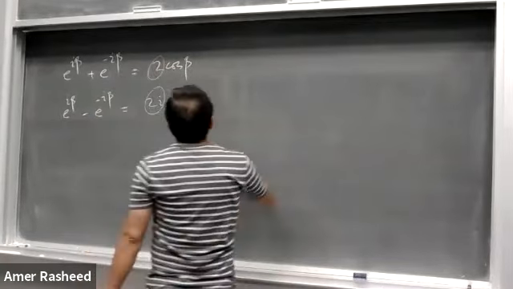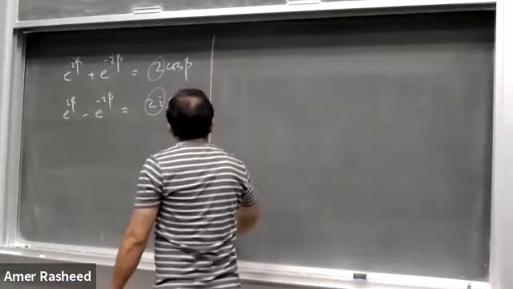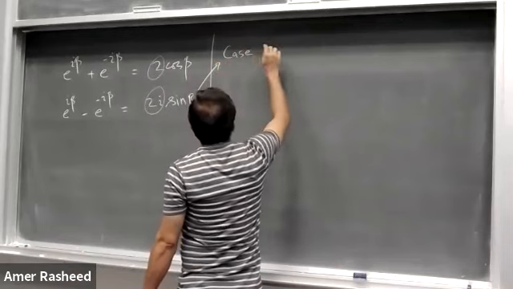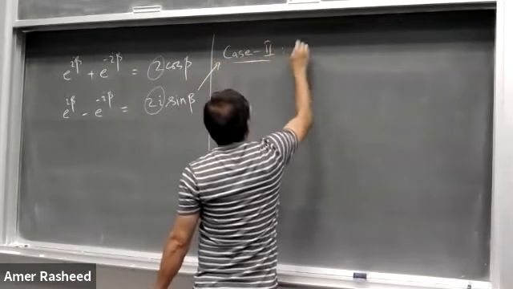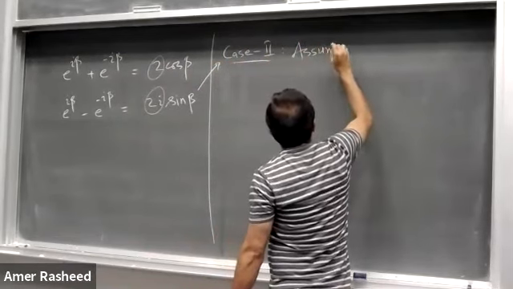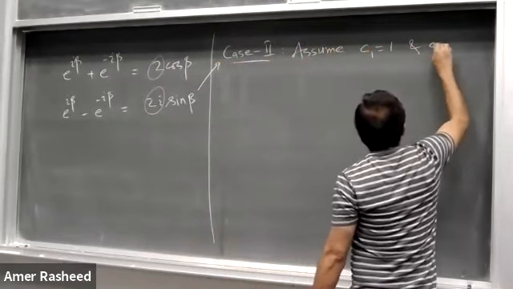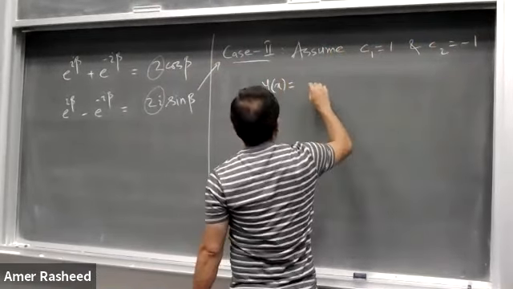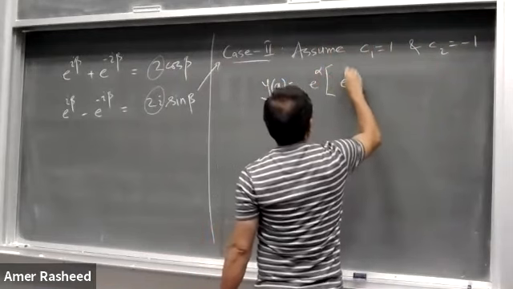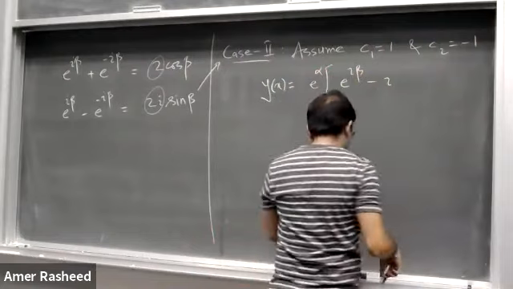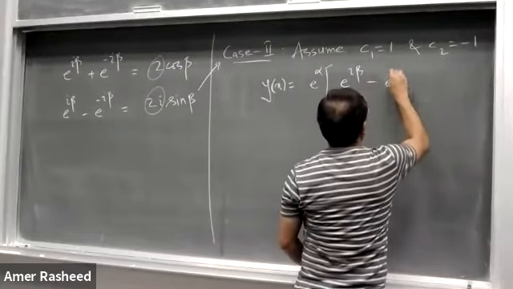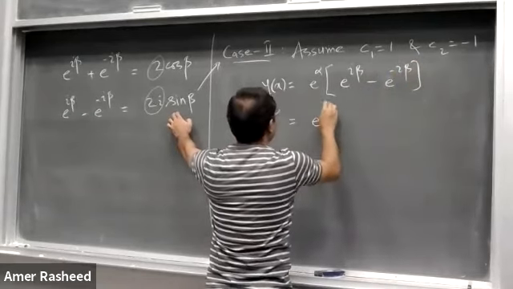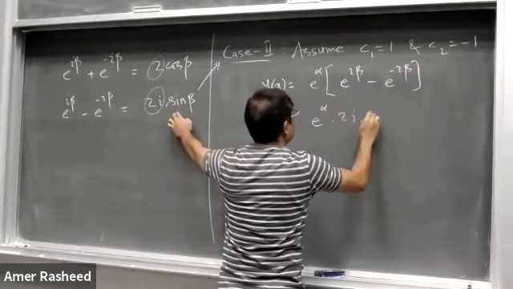In case 2, this term appears when we assume that C1 is 1 and C2 is negative 1. So the solution would be y is equal to e raised power alpha into 2 iota sine of beta.